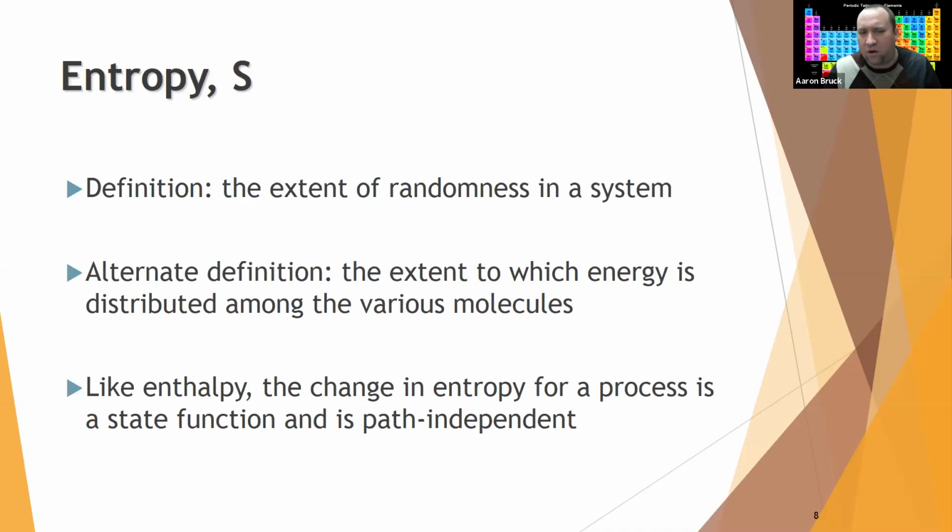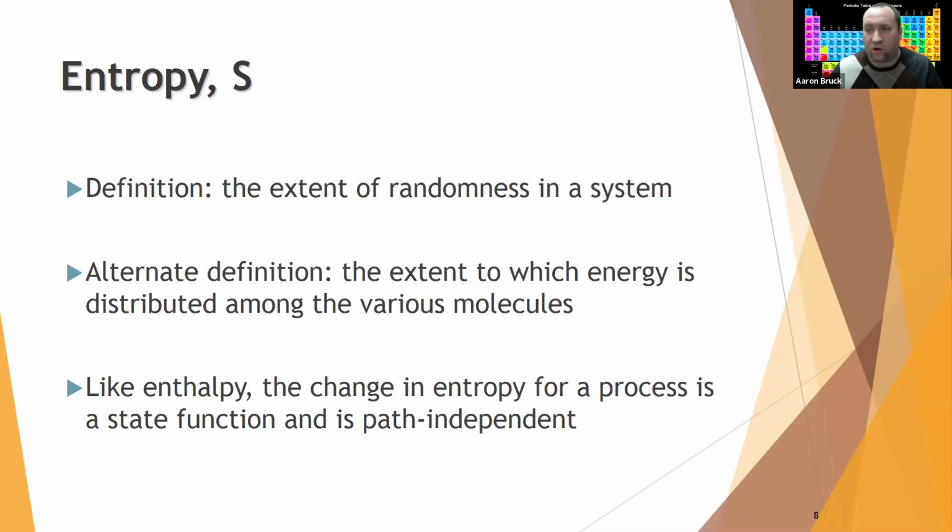And so an alternate definition that we tend to use for entropy is the extent to which the energy that was inputted into a system can be distributed amongst the various molecules. Now, enthalpy, entropy, and free energy, which we'll talk about a little later, are all state functions. They're all completely path independent.